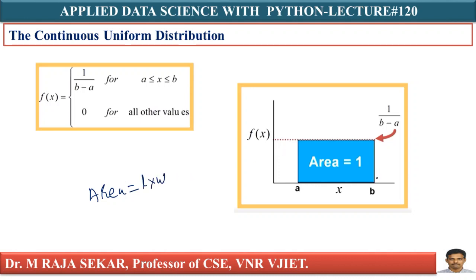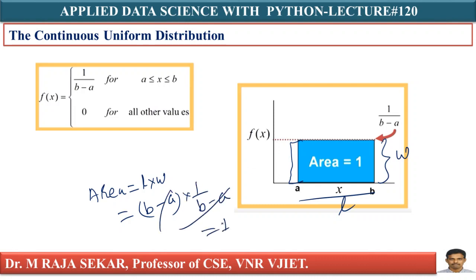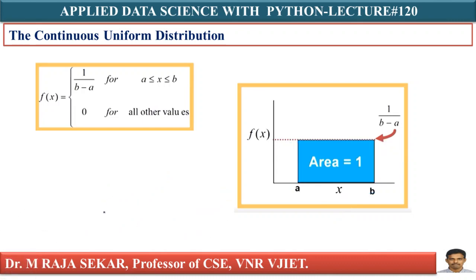What is my length? Length is b minus a. What is the width? Width is 1 by b minus a. Therefore, the area of this particular rectangular distribution, or continuous uniform distribution, is 1.